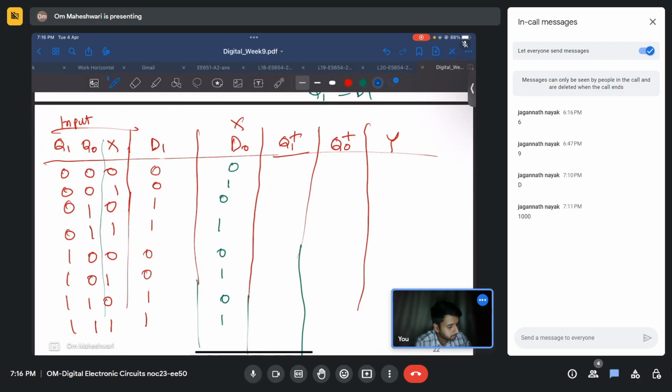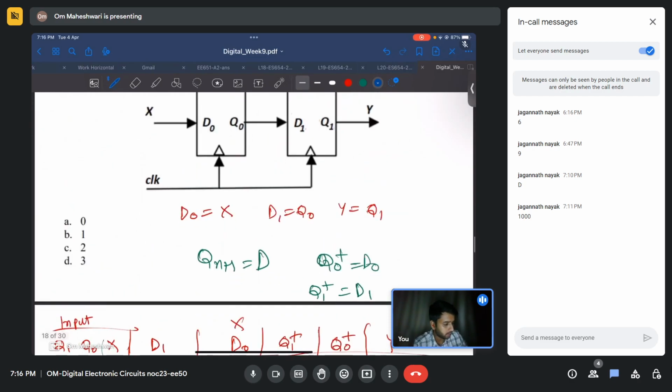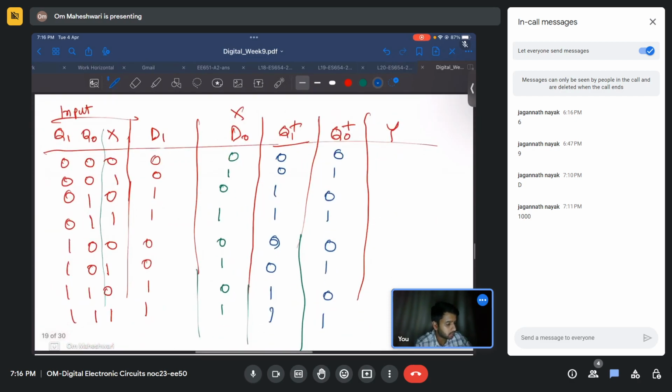So let us write 0, 0, 1, 1, 0, 0, 1, 1. Q0 plus is D0, 0, 1, 0, 1, 0, 1, 0, 1. What is Y? Y is Q1.